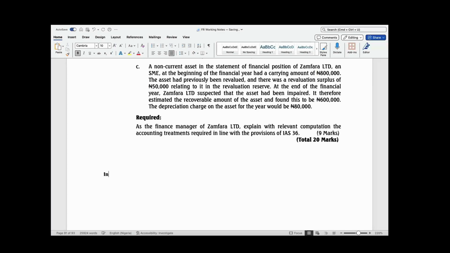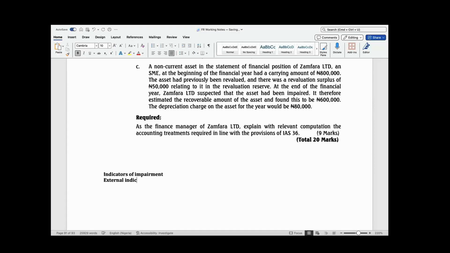So it makes sense to know about the indicators of impairment. Something must prompt you that this asset might be impaired. Something usually prompts us in practice, right? And now they're asking you, it's in your exam.